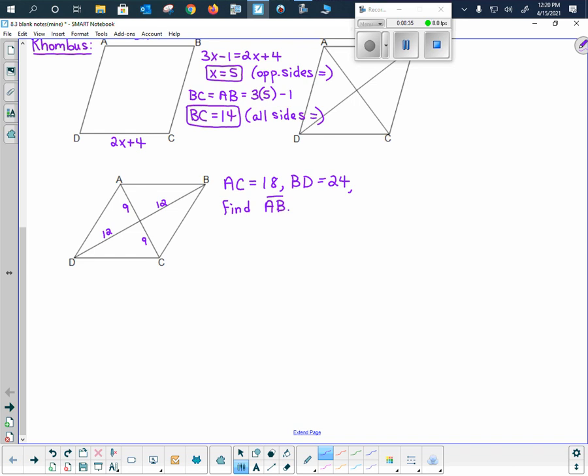And remember, I'm going to write down my property. Why do I know that? Well, that's because diagonals bisect each other, right? So I might as well start that. I'll say diagonals bisect each other. Okay, I'll just leave that there for a moment.